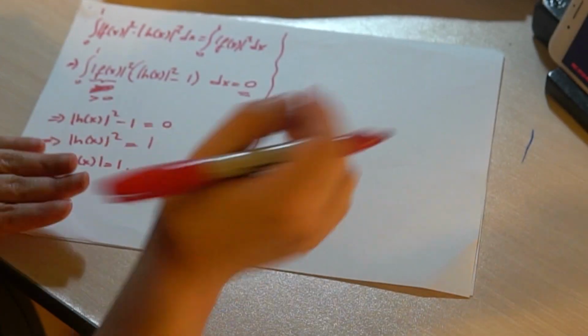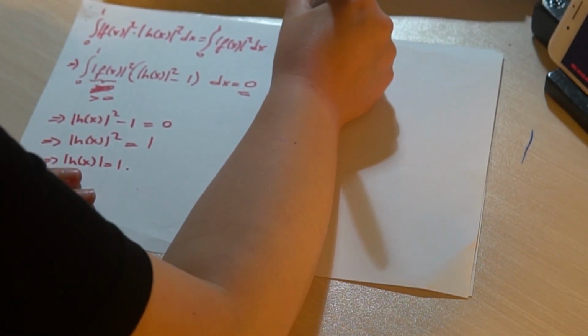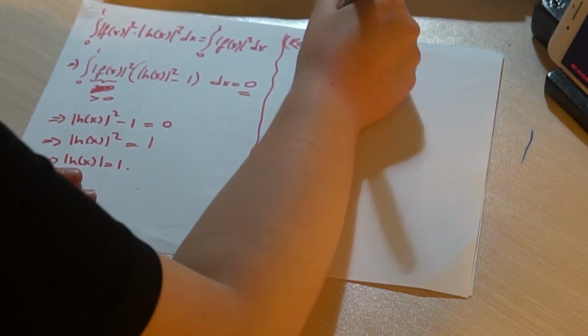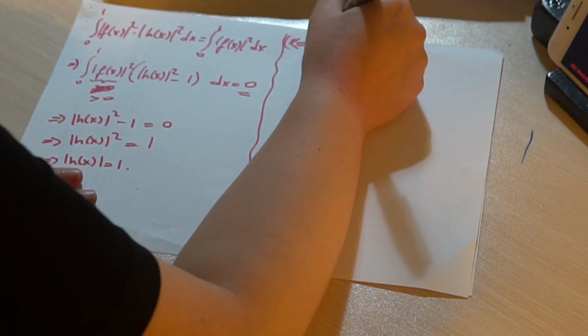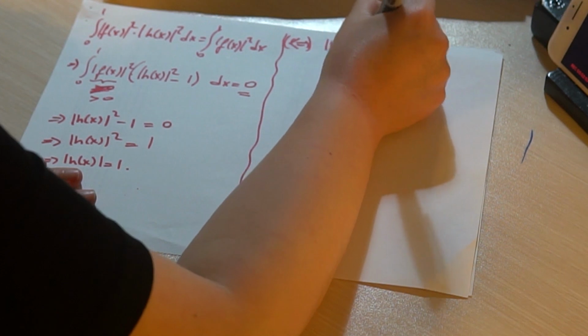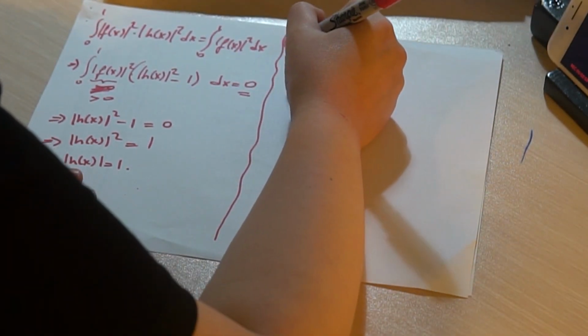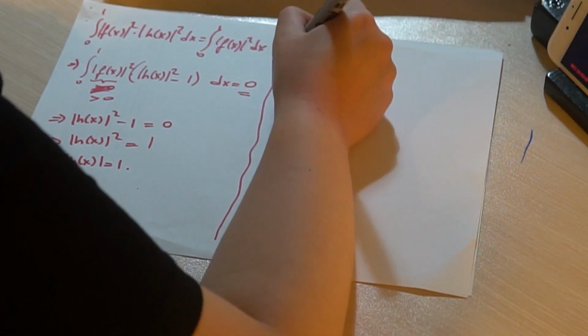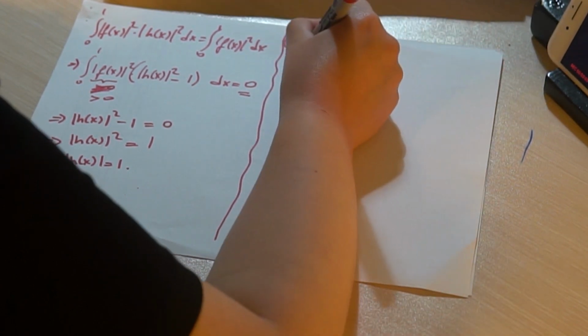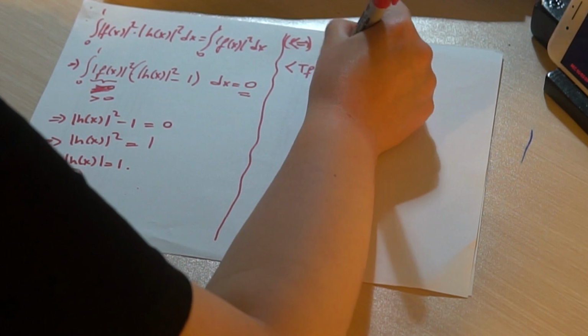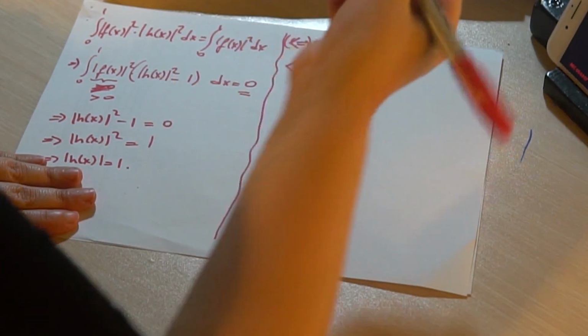Now we need to show the other side. We will assume that norm of h(x) is equal to 1. So we need to look at any TF, TG. These are any f and g.